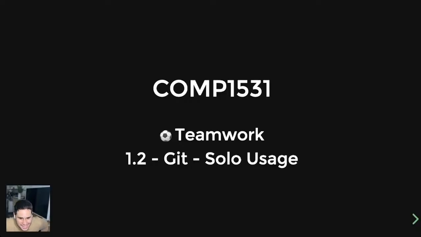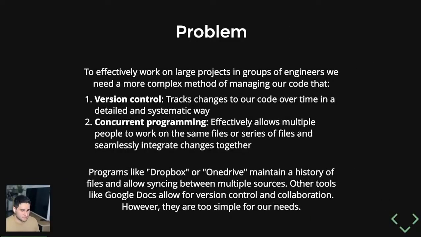Okay, Git. I'm sure you've all heard the word Git. What the hell is Git? First of all, Git is a software, an application. Git is a program written by Linus Torvalds, who wrote Linux.